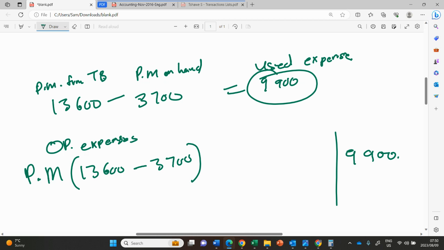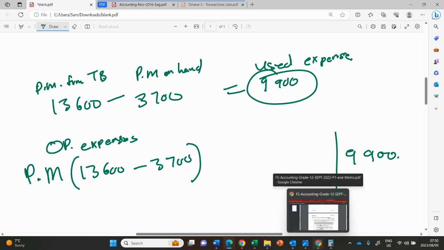I hope that is clear. Always like this. Then if they give you the used, you put it here as a final amount. We always minus the on hand if we want to get the used. Proper.